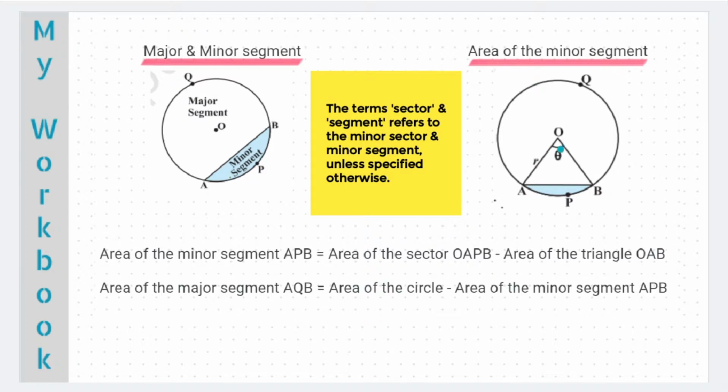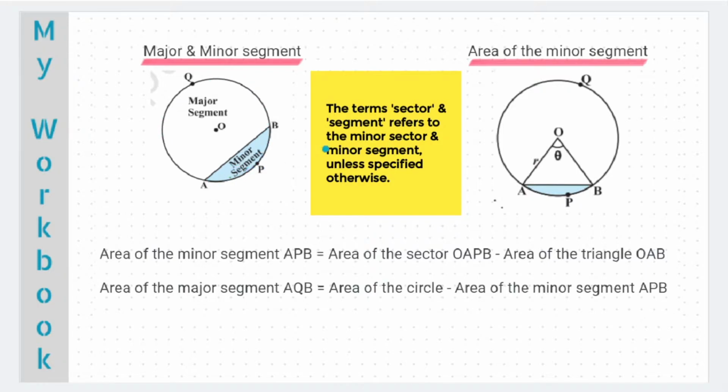So area of the minor segment APB, that is blue in color, is area of the sector OAPB minus area of the triangle OAB. Once we find the area of the minor segment, we can always find the area of the major segment by subtracting the area of the minor segment from the entire area of the circle.